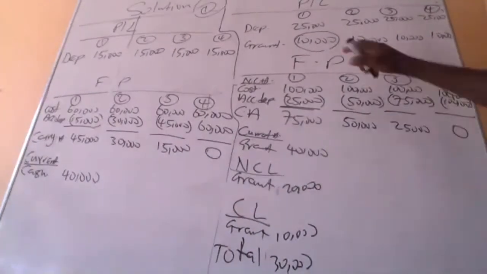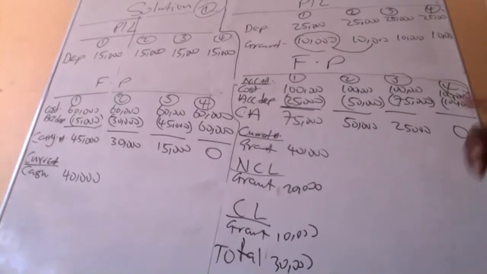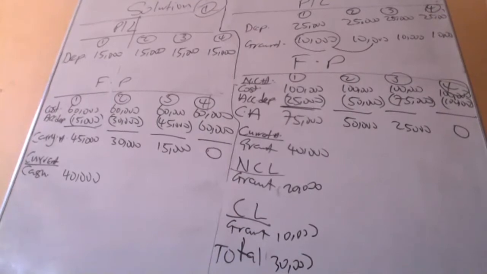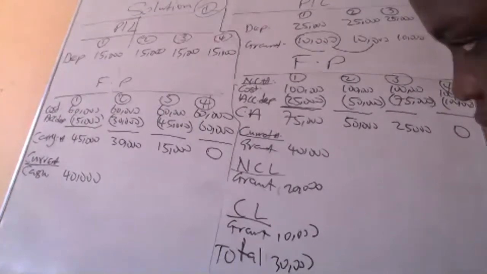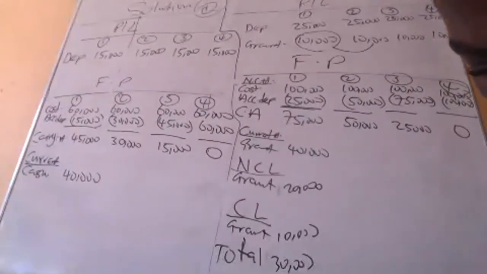I've released 10,000 in year 1. I've also released another 10,000 in year 2. So in total, I've released 20,000, right? Meanwhile, the entire grant received is 40,000. So what's the total liability left for year 2? Sicho, what will be the total liability for year 2?